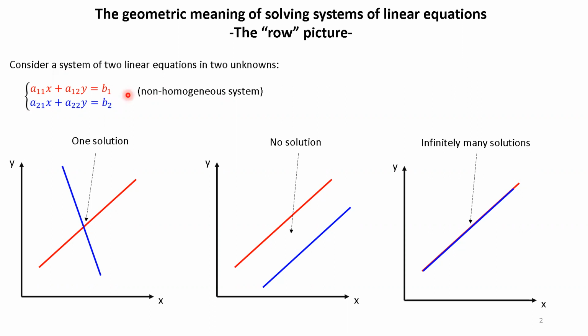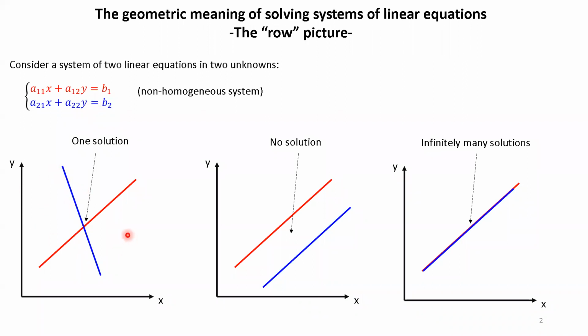If I just look at this first equation, or one of the rows of this system, what I have geometrically is a line in the xy plane, right? If I consider the second row of the system, that is just another line on the xy plane. So the two rows of this system give you two lines in the xy plane.